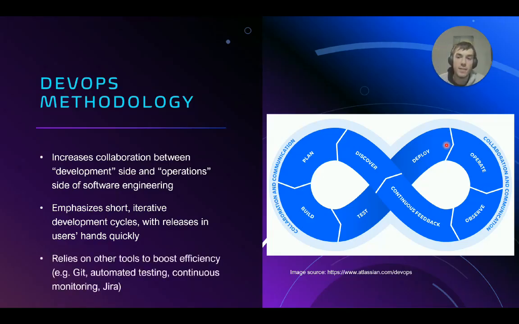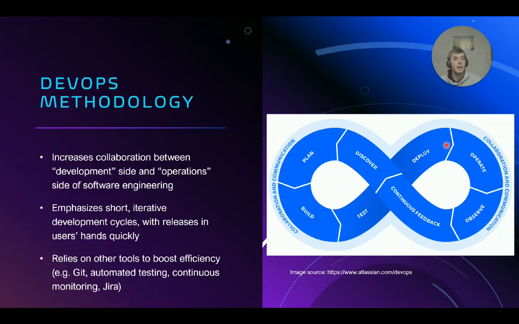A key feature of DevOps is that it's going to rely on tools to automate and to increase efficiency. So, for instance, Git, or GitHub, is maybe something that you've heard of. Automated testing, so taking the human time delay out of testing the product and putting simple tests onto an automated system.